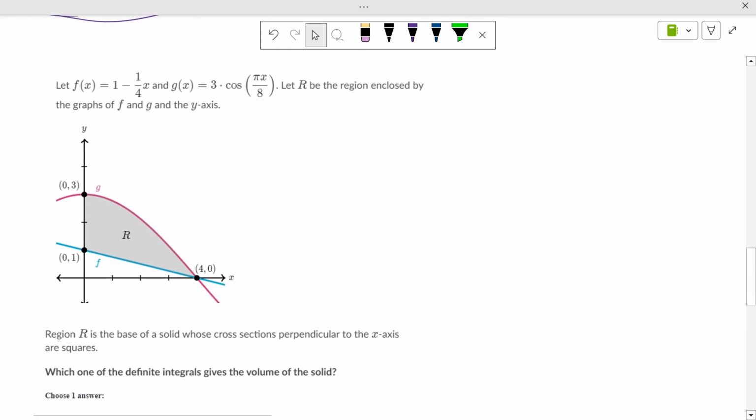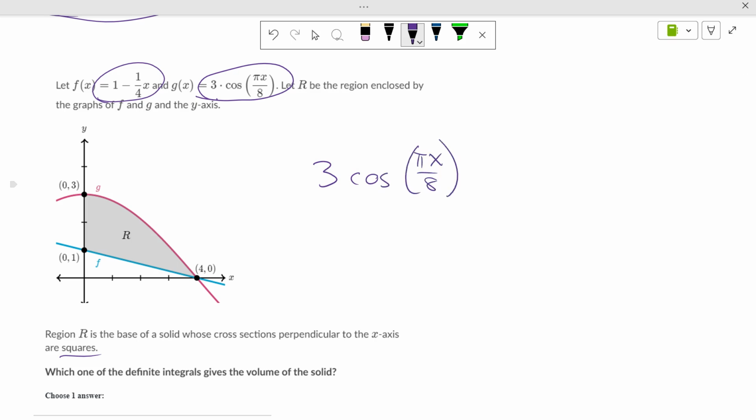All right. This one now. Oh, look at that. Oh, my goodness. You have this and this. So we have to subtract those. Okay? So we're going to have, they're squares. So you're going to take the g of x, the 3 cosine of pi x over 8 minus 1 minus a negative 1.